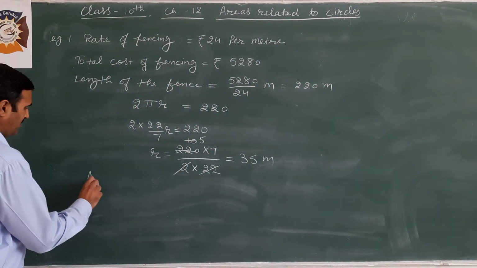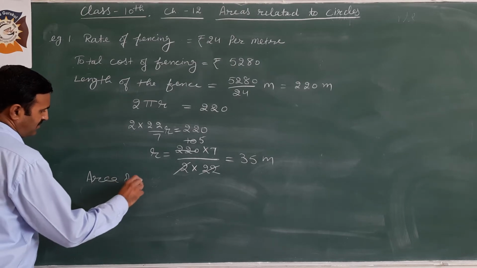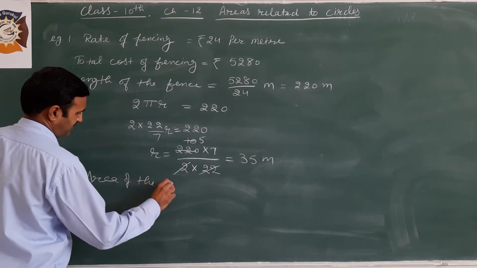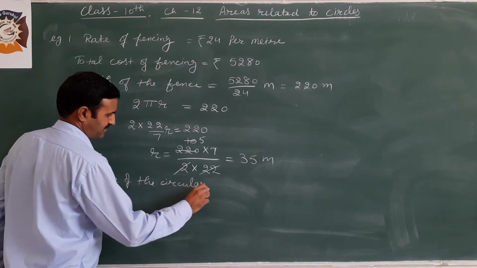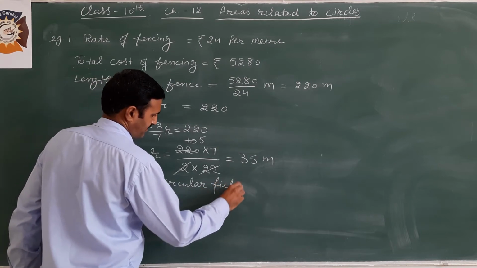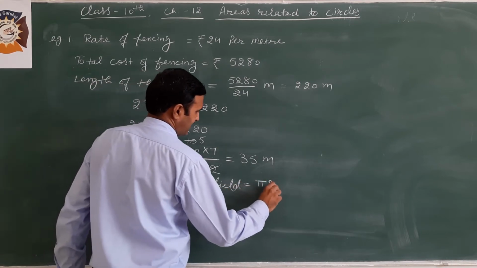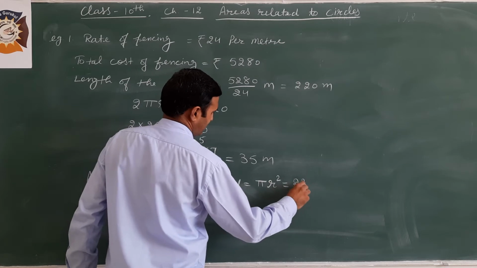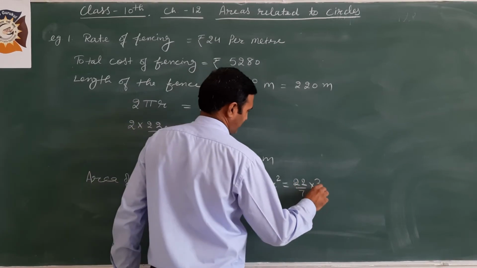So area of the circular field, that is pi r square. Pi is 22 by 7, r is 35.